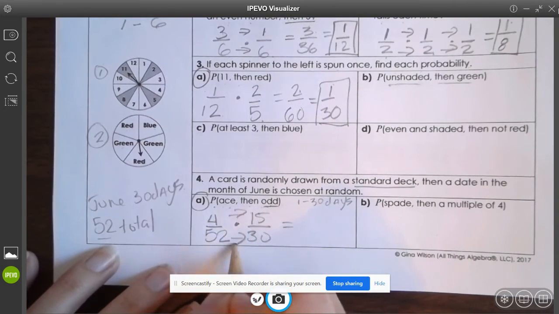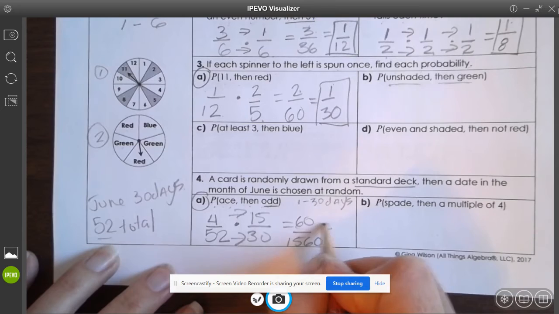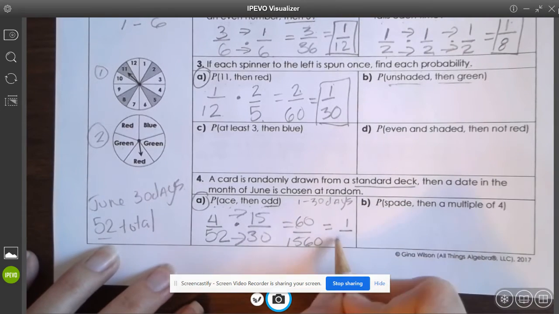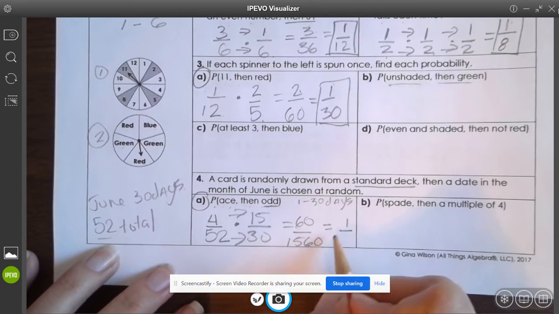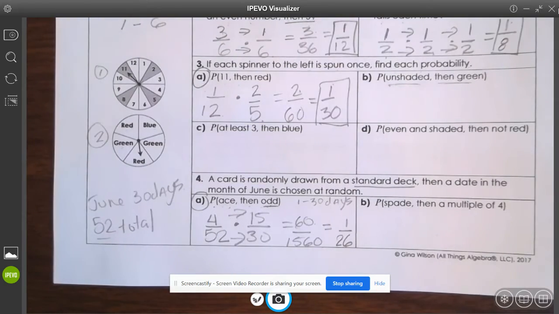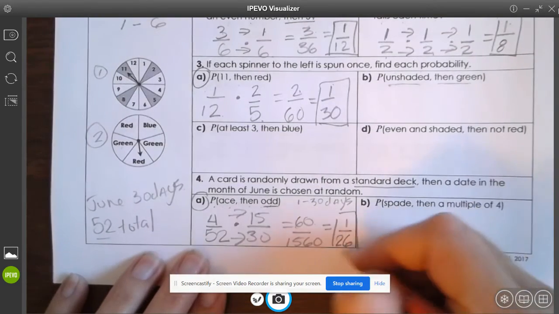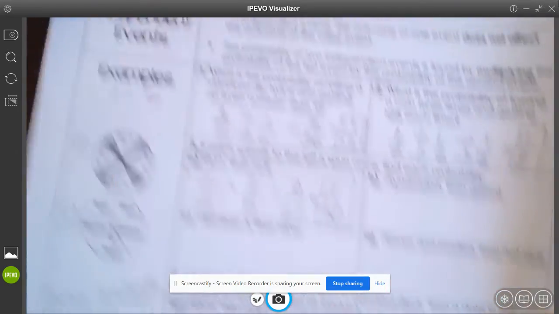Then you multiply across and you get 60 over 1,560, and then you divide that. 60 goes into 1560 26 times. Okay, so that's the answer right here. Notice that once I get a 1, it's simplified. Okay, let's move on.